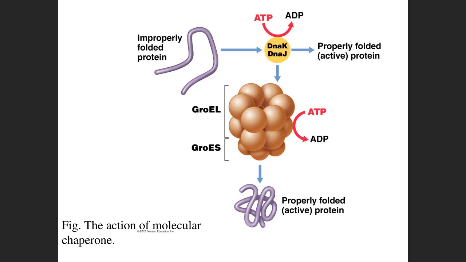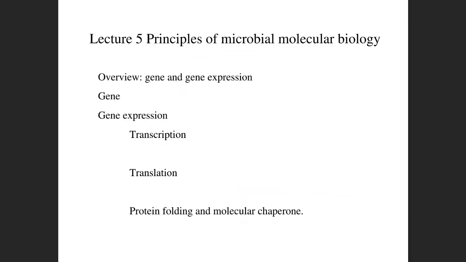All right. So the protein is folded correctly. What we just talked about is how genetic information is used to transcribe into mRNA and translate into peptide, and then the peptide is folded correctly into a functional protein that has enzymatic activity or other binding activity.